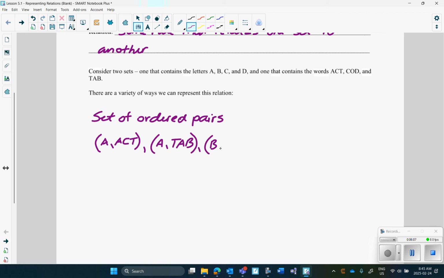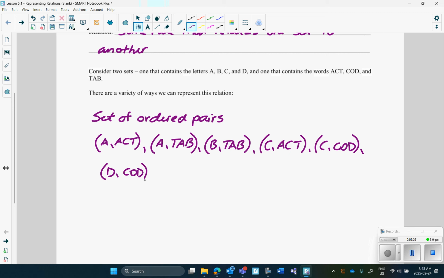B appears in tap, and that's it. C appears in what? Act and caught. And finally, D appears in caught.